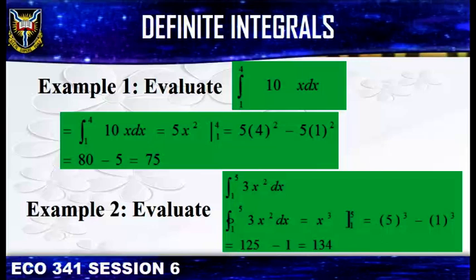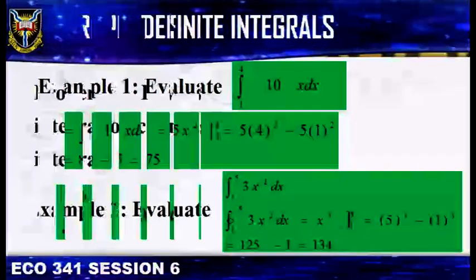Example 3. Evaluate the integral of k e raised to power x dx, upper limit b, lower limit a, which is equal to k e raised to power x from a to b, which is equal to e raised to power b minus e raised to power a.